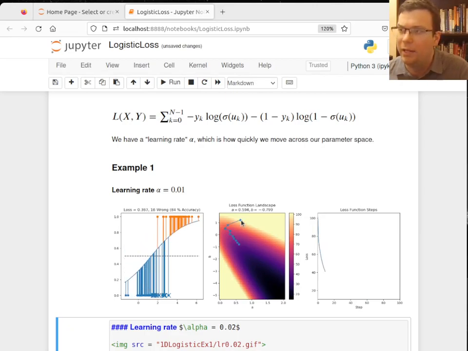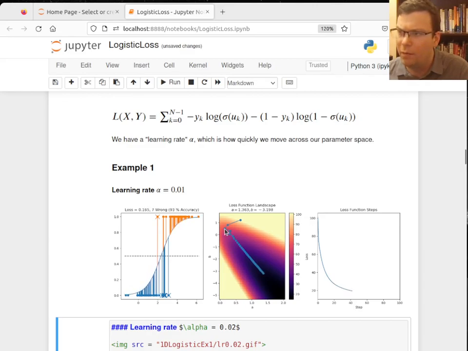Now, if I hold B fixed and take the derivative with respect to A, that's called the partial derivative with respect to A, I find that as A goes to the right, same thing, the loss goes up. So I'm going to move to the left. So notice that in my first step, I move both down and to the left. And I find a similar thing for the next step. I move down and to the left.